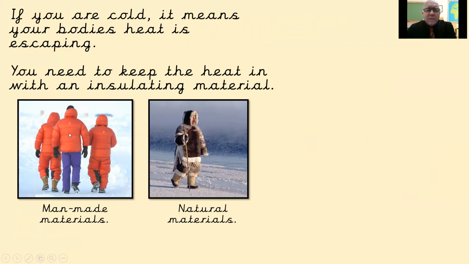So these would be quilted puffer jackets, designed for cold weather. But on the right, we've got an Inuit, someone who's lived their entire life in the Arctic Circle, and they have learnt to fashion their clothing from animal skin. So these are natural materials, but doing the same job.